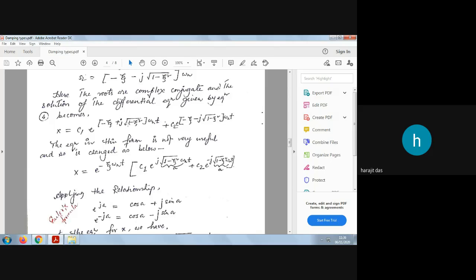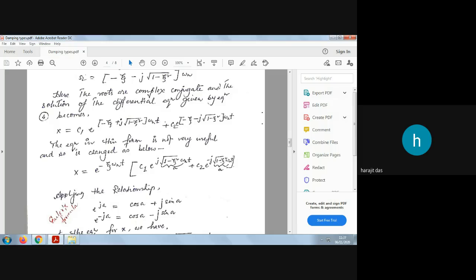Here it will be c1 into e to the power j under root 1 minus zeta square omega n t, plus c2 into e to the power minus j under root 1 minus zeta square omega n t. Now you have this equation.